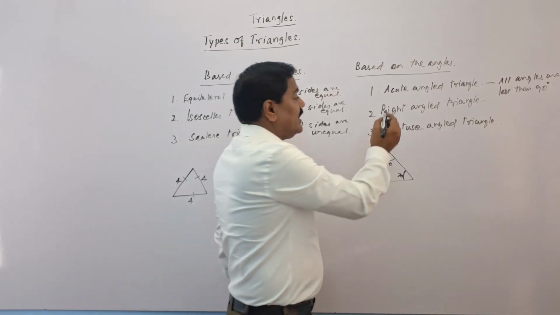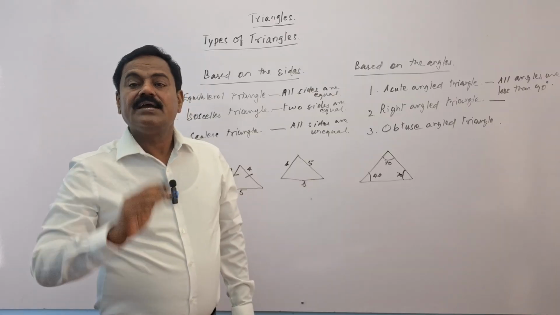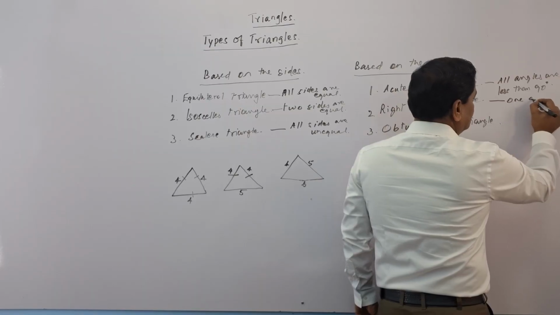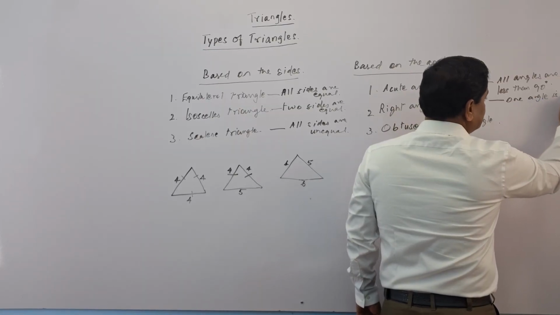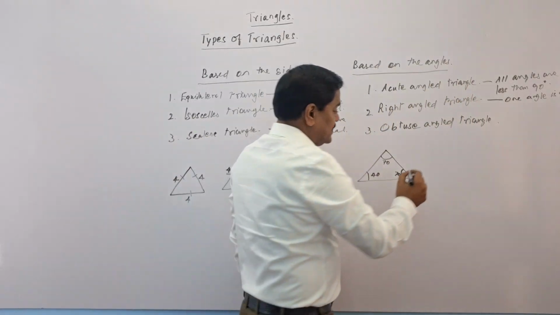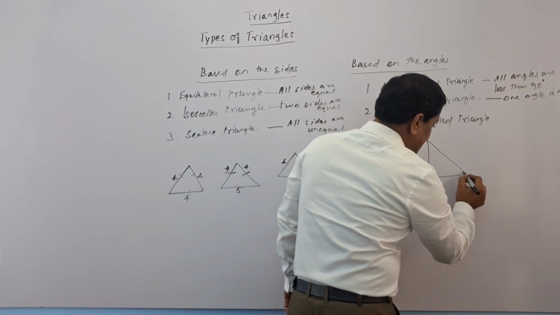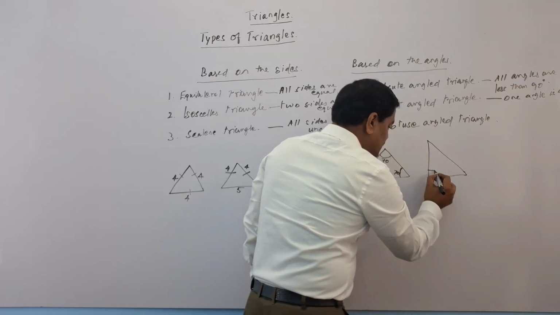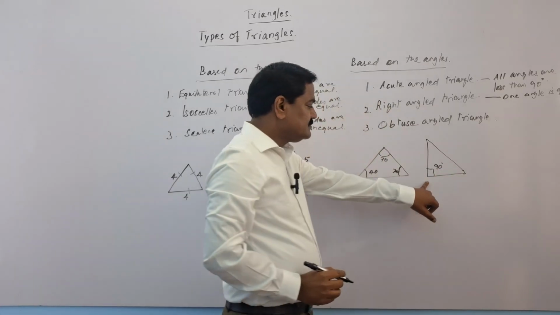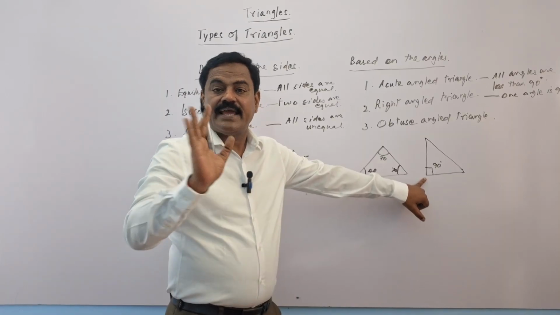Now right angle triangle means one angle will be 90 degree. Let us make a diagram. So this is a right angled triangle where you can see the right angle symbol, which means it's 90 degree.